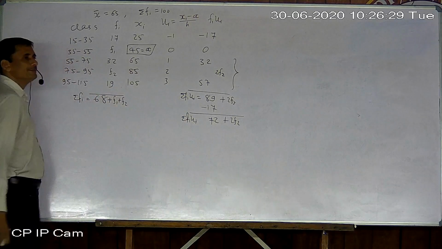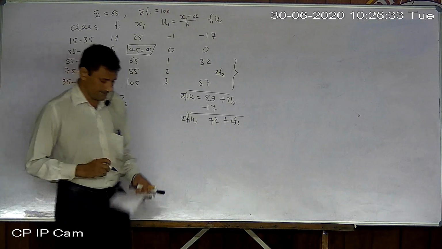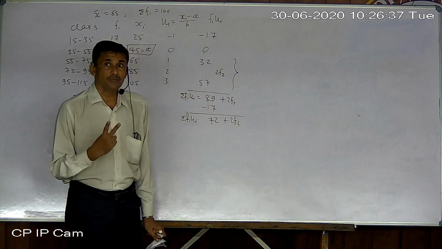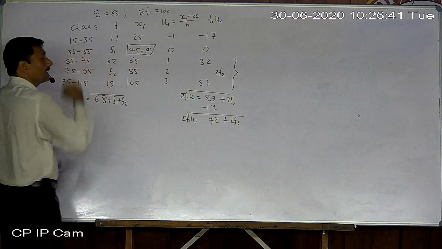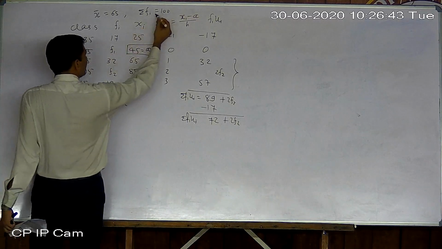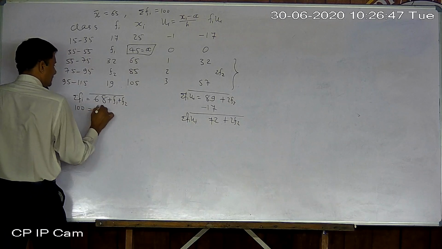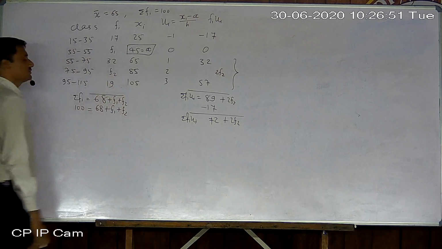Now, again remember one rule. Whenever two missing frequencies are given, you will be given two values. One is the mean and one is sigma fi. So you should compare this sigma fi here. Actually sigma fi is given, but we have to find it also.